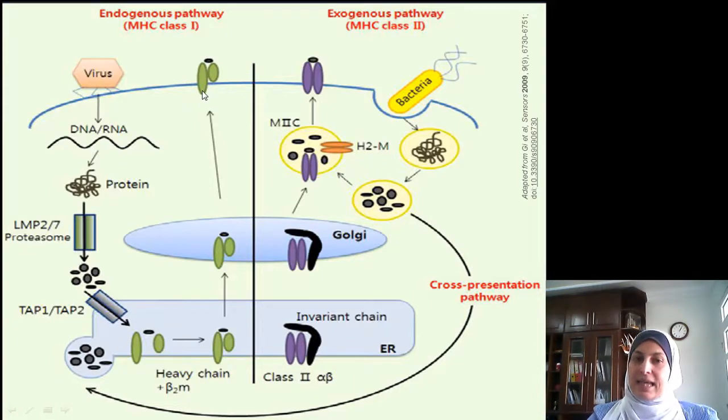Also, the CD8 cytotoxic T cell can recognize bacterial protein from the exogenous pathway presented by MHC class 1, while CD4 T cells recognize only proteins produced by the exogenous pathway that come from the outside and are expressed on the MHC class 2. So it is important to recognize that.